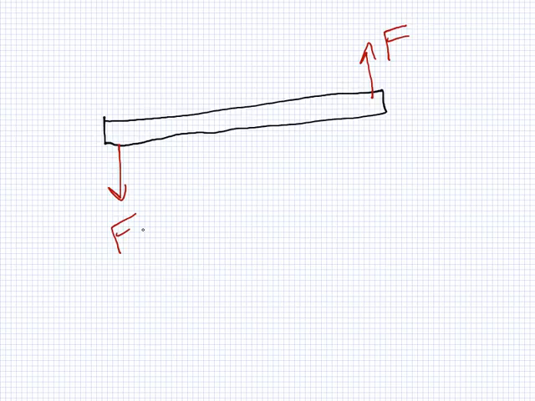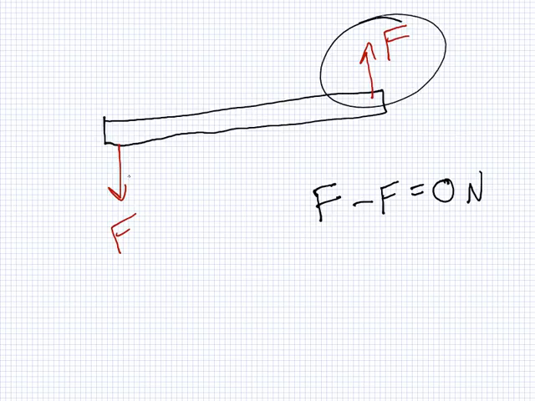It would start to move, right? But the force going up is F, and the force going down is F, so the total is 0. This is what you were saying, Mir: maybe it doesn't move because this equals this. But then, as you were saying, it will rotate.